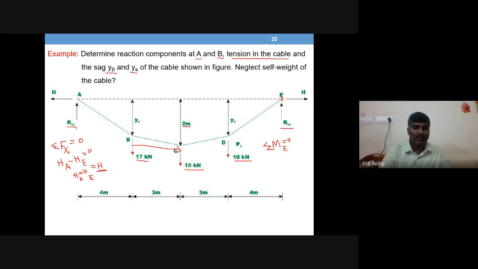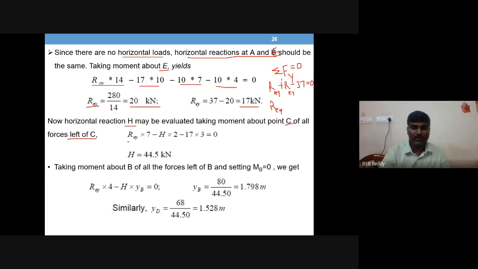And then RAY into 7 clockwise. So RAY into 7 clockwise, H into 2 anti-clockwise, 17 into 3 anti-clockwise. RAY is known to you. Substitute for RAY, get H value. So that is coming to be 44.5.